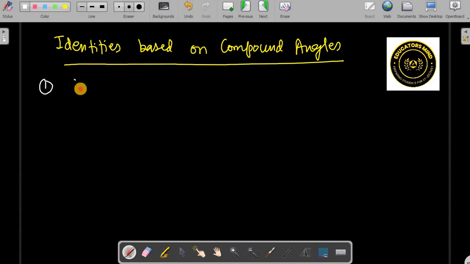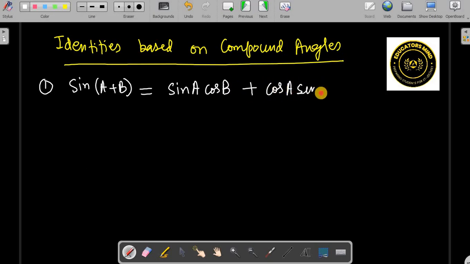First, sin of A plus B. Sin of A plus B is sin A cos B plus cos A sin B.